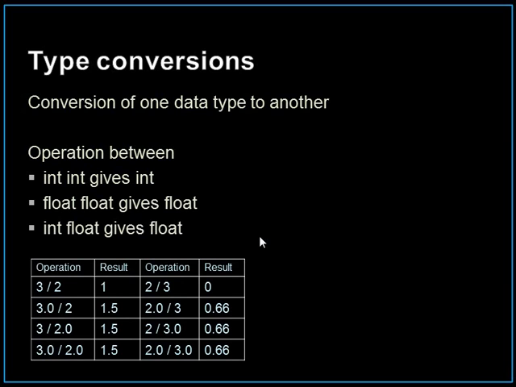So if the operation is 3 by 2, the result is 1. Why? Because it involves two integers. If it's 2 by 3, the result is 0. Because it involves two integers, it gives the result as an integer, and the decimal part is truncated. If any one of them is float, the result is float. That's all we have in this slide.